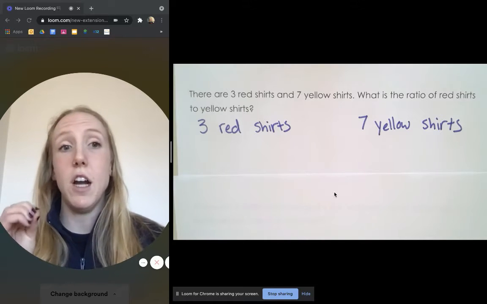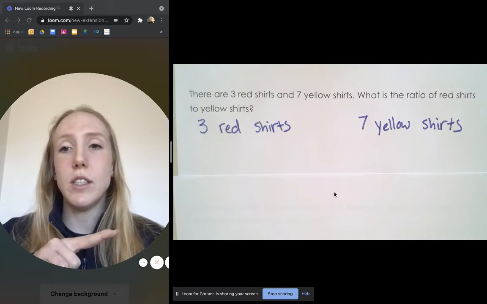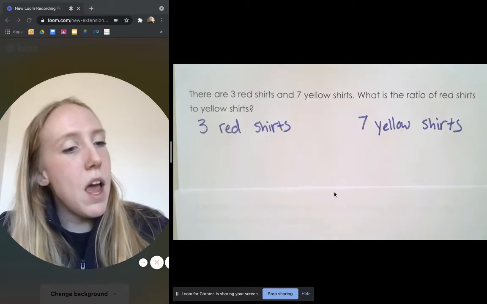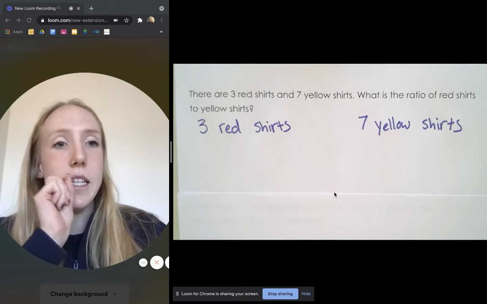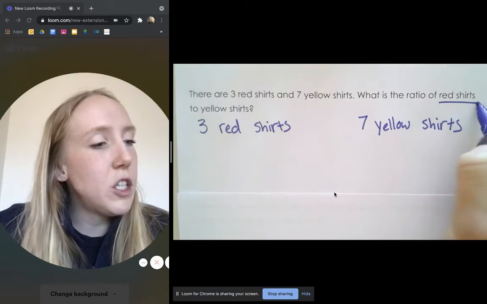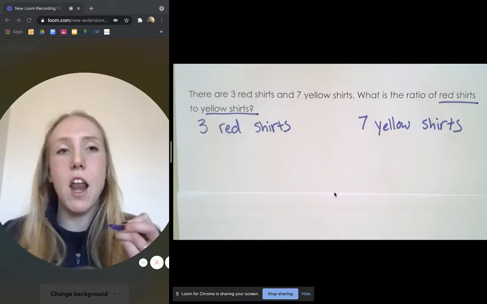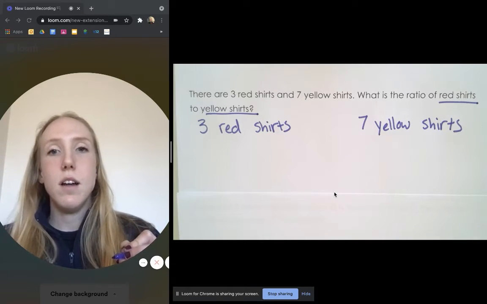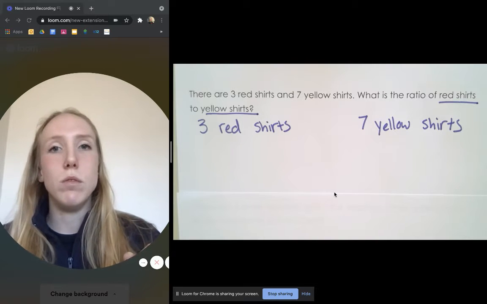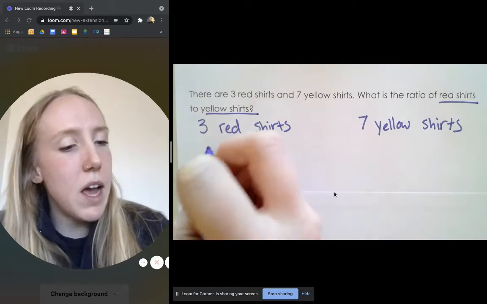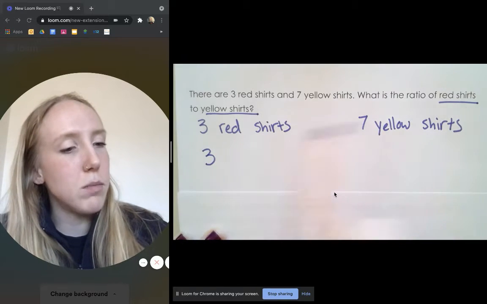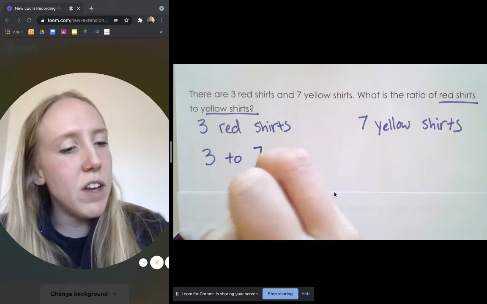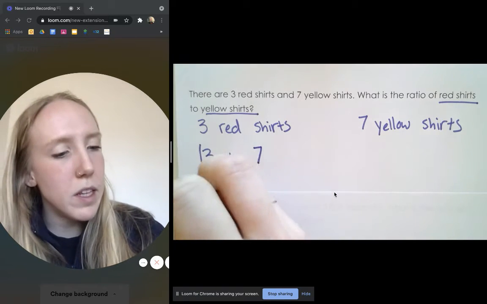What is the ratio of red shirts to yellow shirts? We are going to write a ratio, and notice how they are asking for red shirts first and yellow shirts second. So in our ratio, we have to write the number of red before the number of yellow. The first way we could do that is 3 red shirts to 7 yellow. So that's one way to write this ratio.